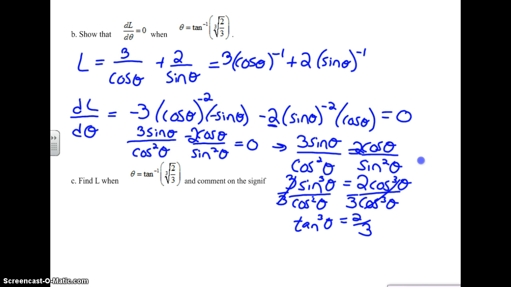So now I'm really, really close. In order to get the tangent by itself, or the theta by itself, I'm going to take the cube root, and then I'm going to take inverse tangent in order to get theta isolated. So let's go ahead and do that.